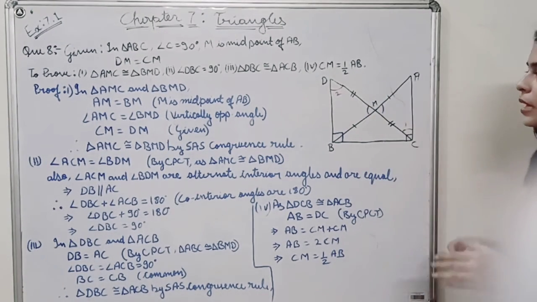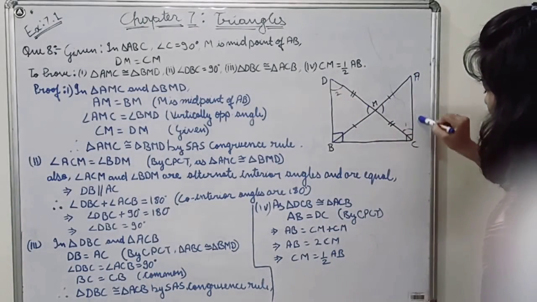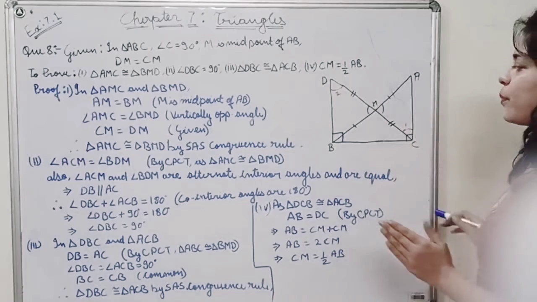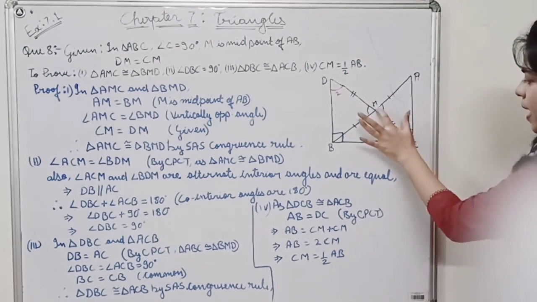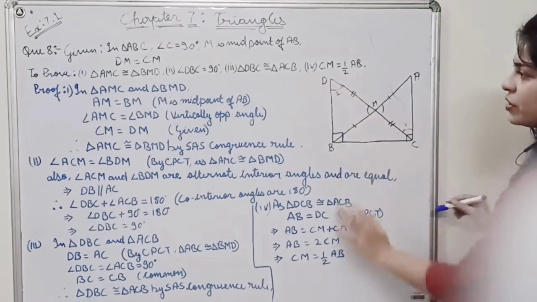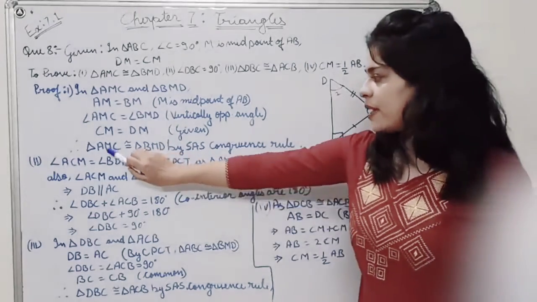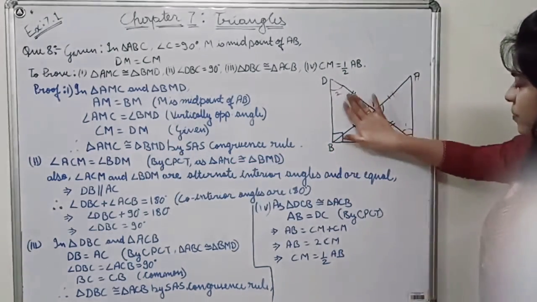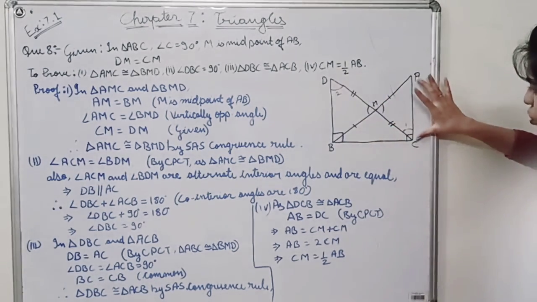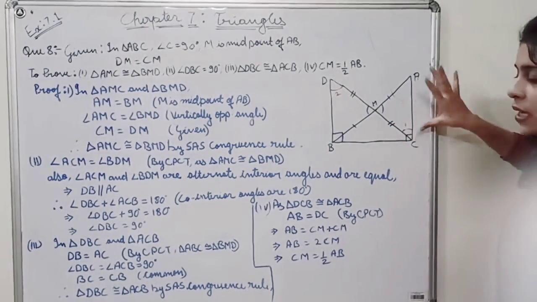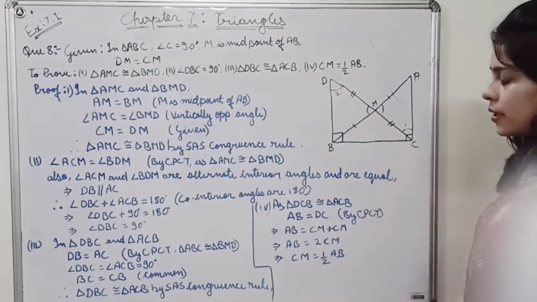Now see, DB and AC are corresponding parts of the two triangles AMC and BMD, which we have proved congruent in the first point. AMC and BMD are congruent, so DB will be equal to AC by CPCT, corresponding parts of congruent triangles.